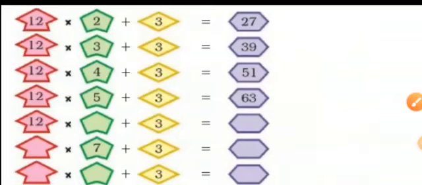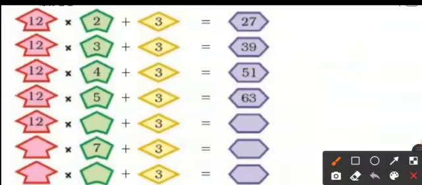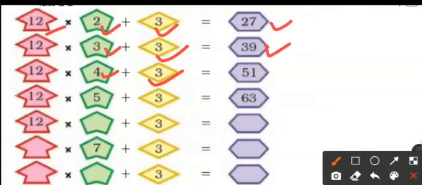Let us understand some more number patterns. Here in this pattern, take any number, suppose 12. Then multiply it by 2, 3, 4 and so on at every step, and also add 3 to it at each step. Then look at the difference in the answers. Is it the same at every step?